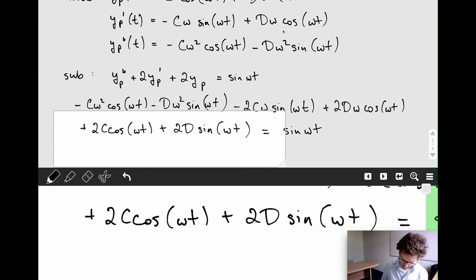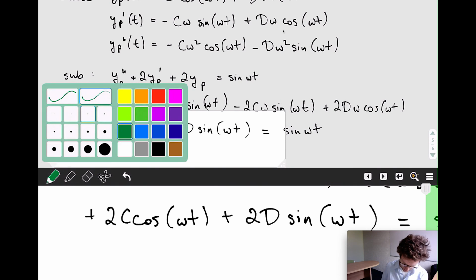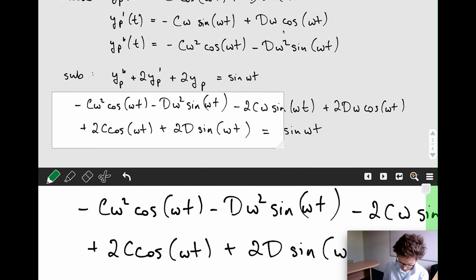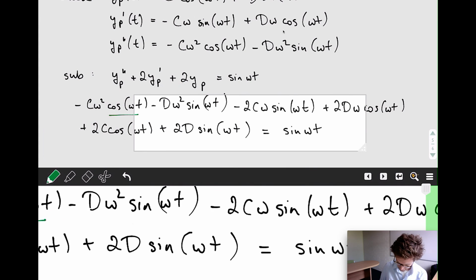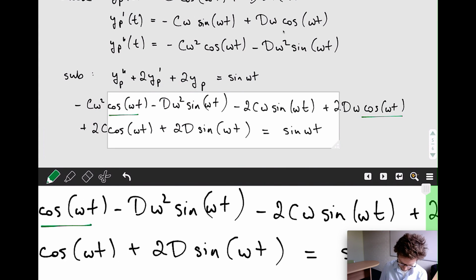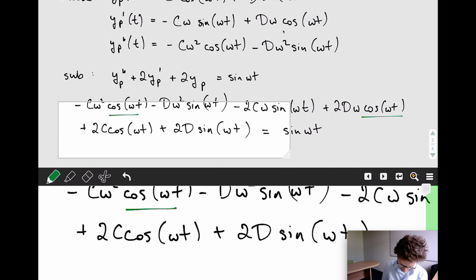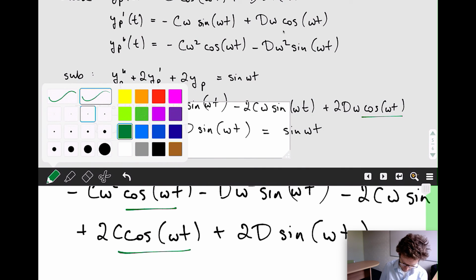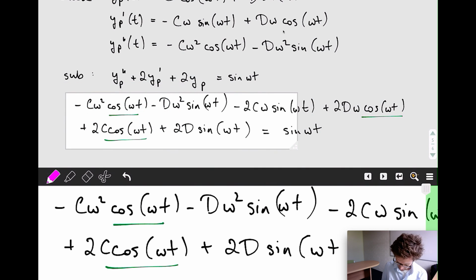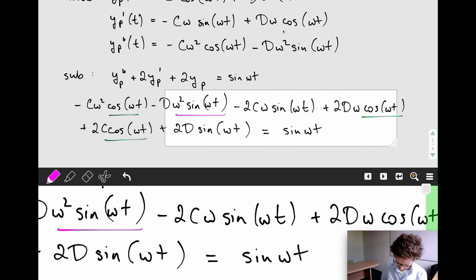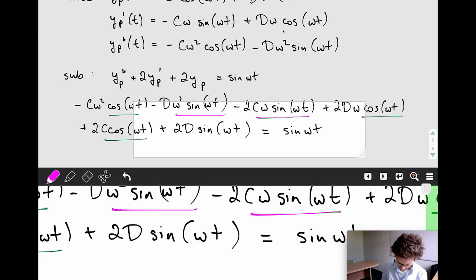So let's gather together the like terms, the cosines and the sines. So I've got cosines, I'll underline in green, cosine, cosine, cosine. Sines I'll underline in pink, sine, sine, sine.